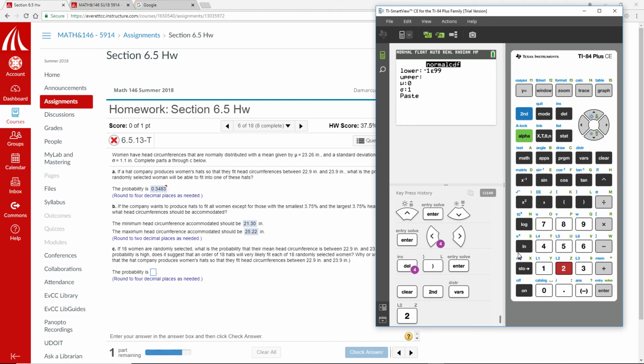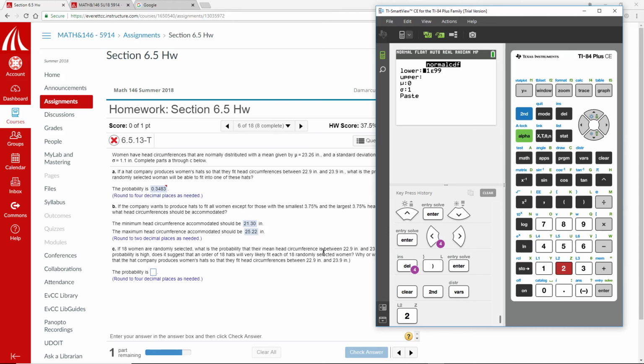Since your calculator does not have that tail option, you're going to have to subtract. To get the top, you need to figure out what is the area to the left, because inverse norm won't work from the top. It only works from the area to the left. So you'll have to subtract the top piece. If it said top 4%, you'll have to subtract the top 4% from 100.